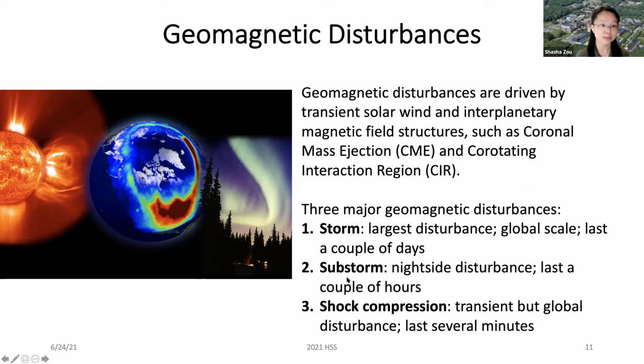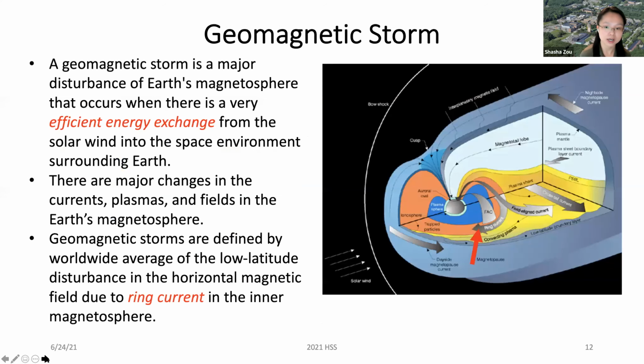But be careful, the substorm is really not a small storm. It's a completely different phenomenon. Or the shock compression, when we have a very strong solar wind velocity increase or density enhancement, they tend to compress the Earth's magnetosphere and generate a shock compression. All of those impacts will affect the ionosphere and the thermosphere.